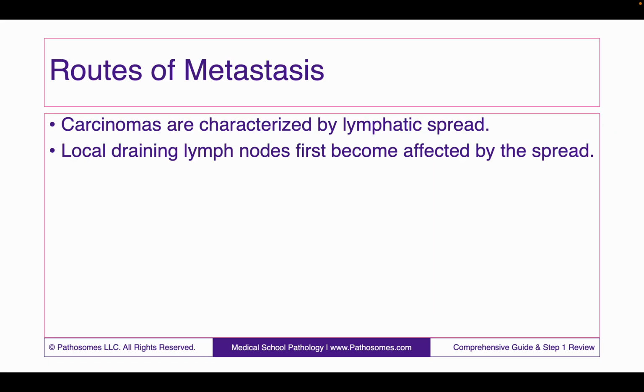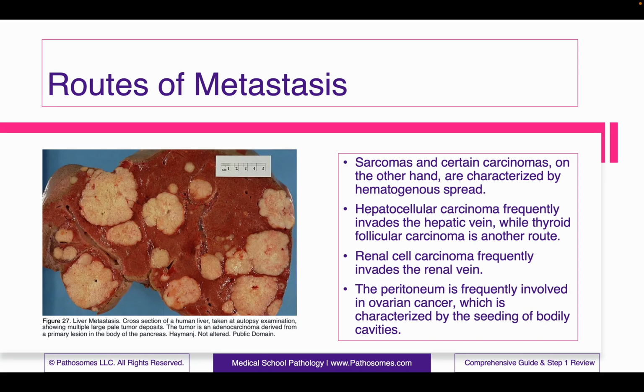Regarding routes of metastasis, carcinomas are generally characterized by lymphatic spread, and local draining lymph nodes first become affected by the spread. That's why we do sentinel lymph node biopsies in certain cases. Sarcomas and certain carcinomas, on the other hand, are characterized by hematogenous spread.